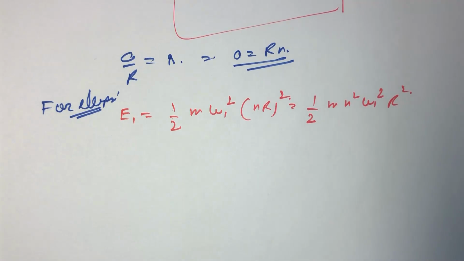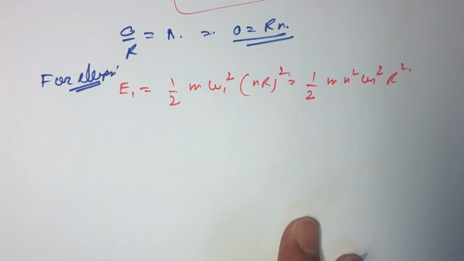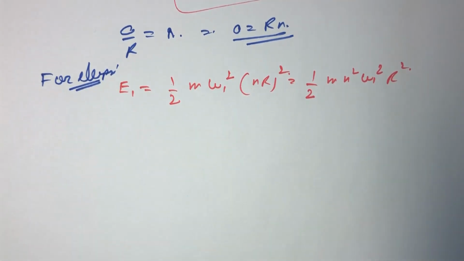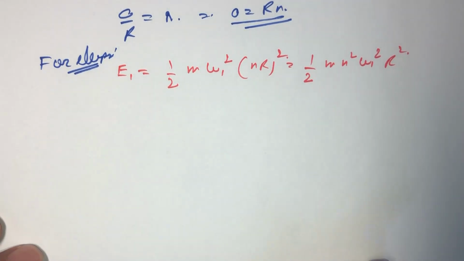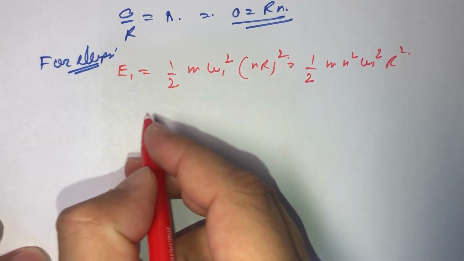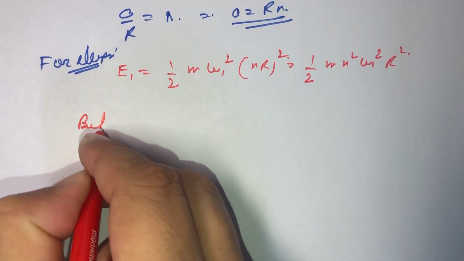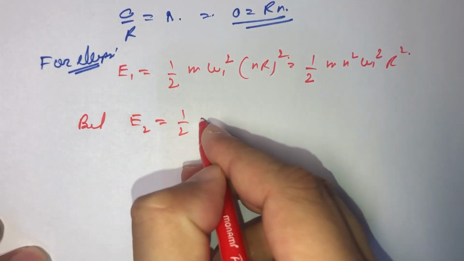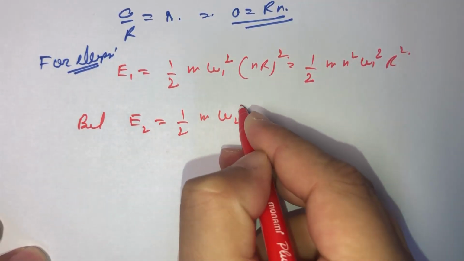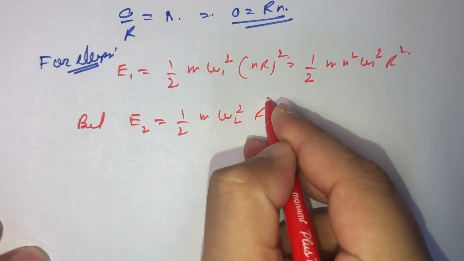Now similarly we are given that E2 is equal to half m omega 2 square and r square.